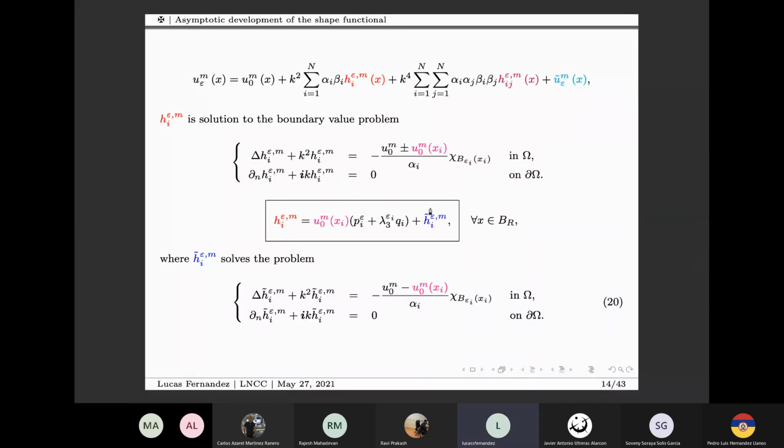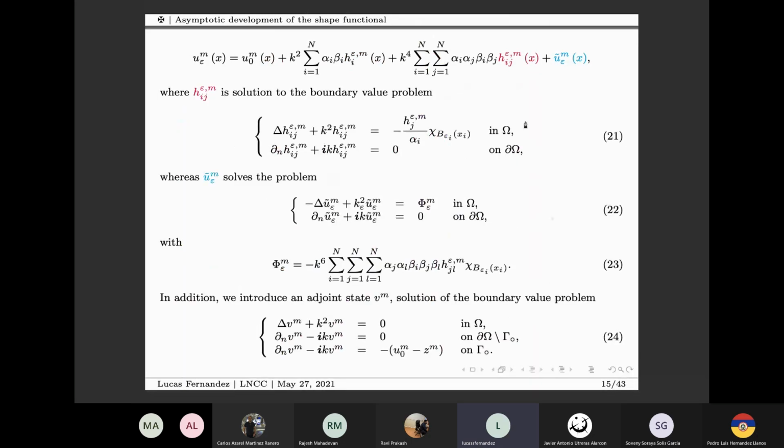The function hi epsilon tilde solves problem 12, and this function does not appear in the closed form of the topological derivative. It appears just in the remaining terms of the asymptotic expansion of the perturbed shape functional. So we don't use it in the development of our algorithm.